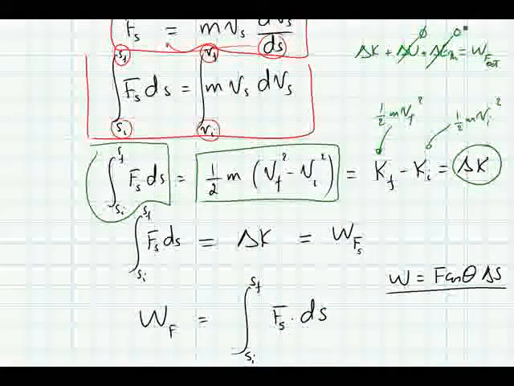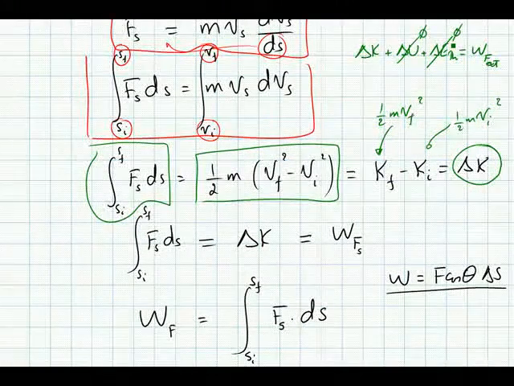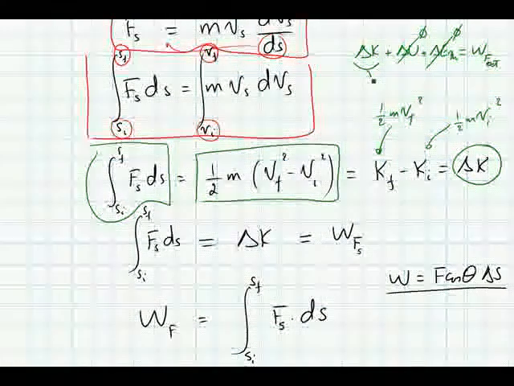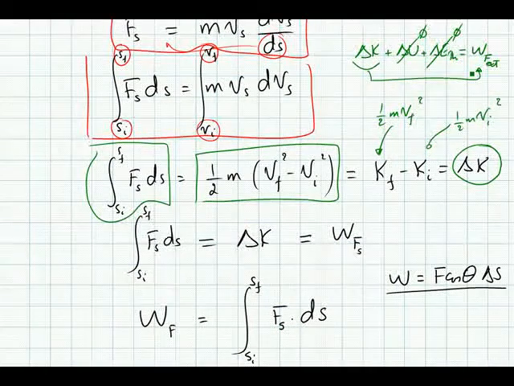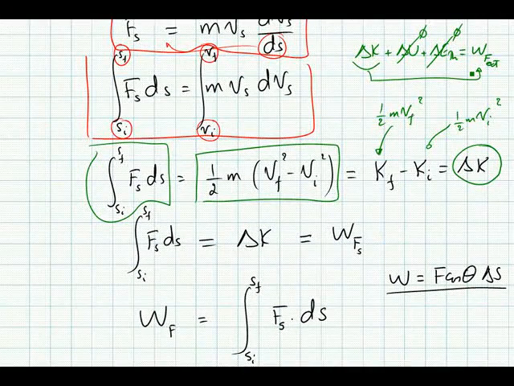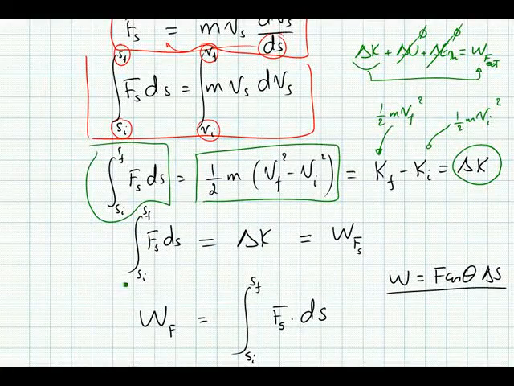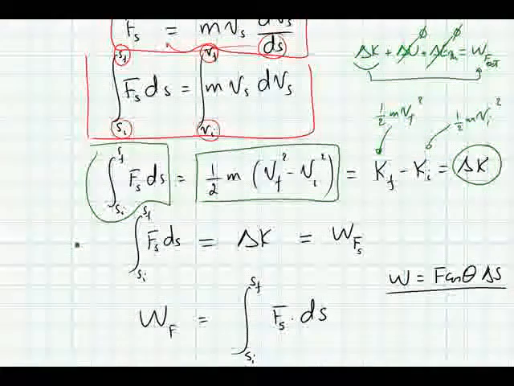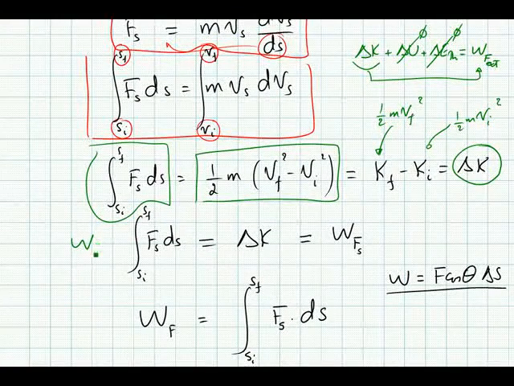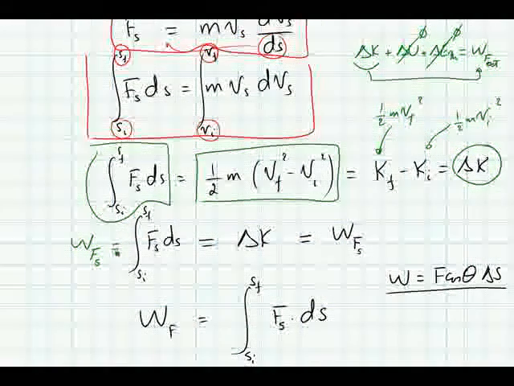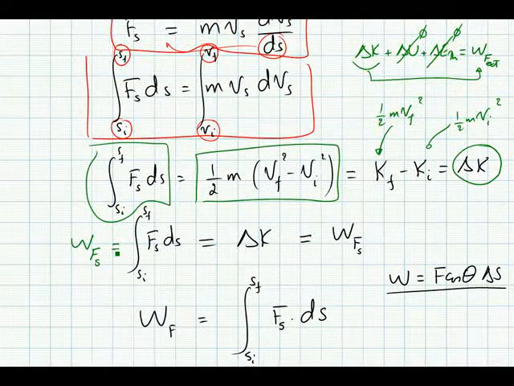There was no friction, so E thermal was zero, which leaves the change in kinetic energy equal to work done by F external. Therefore, the term on the left-hand side is an expression for work done by F external, which in this case is F_s along the direction s.